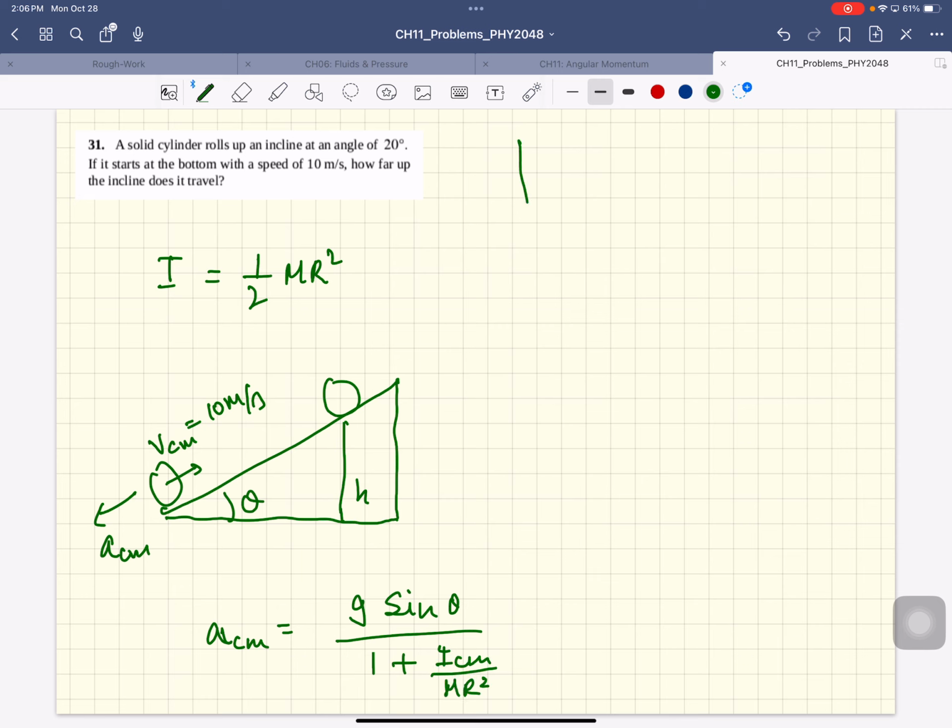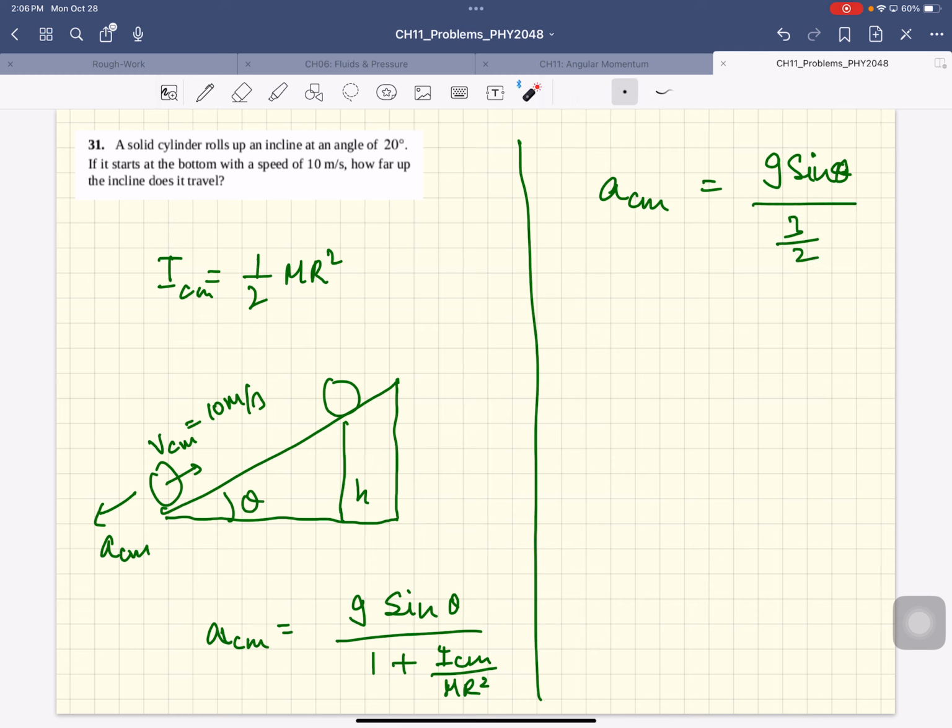Since it's a disk, I center of mass divided by m r squared is 1/2. 1 plus 1/2 is 3/2. So the center of mass acceleration is g sine theta divided by 3/2. If it was an ice cube sliding up, the acceleration would be g sine theta. Since it's rolling up, the acceleration is smaller by that factor.